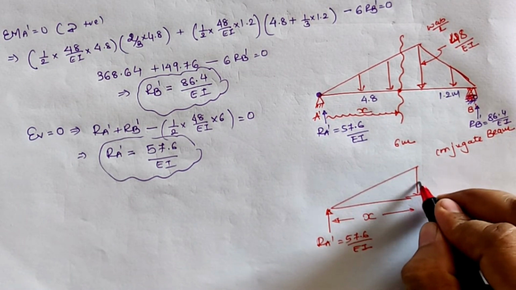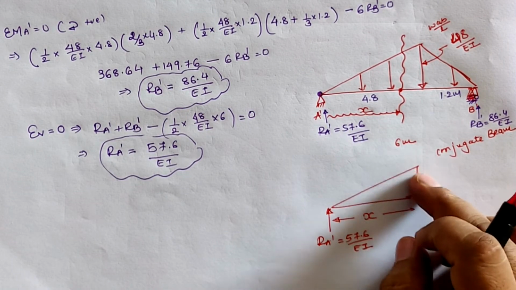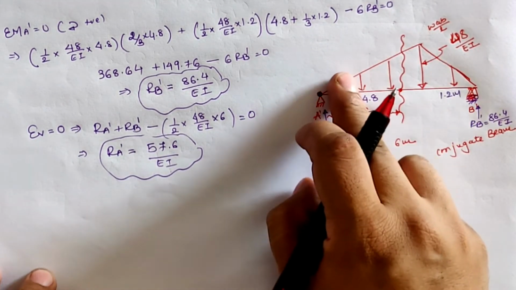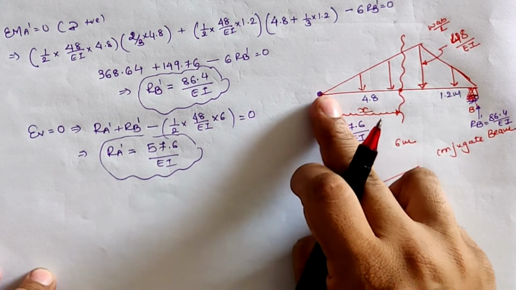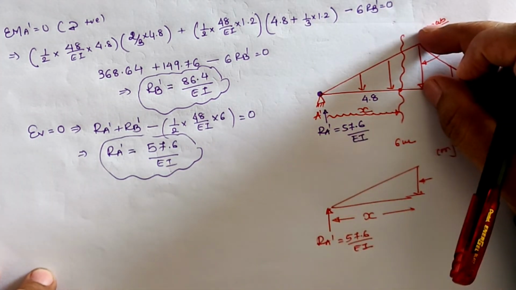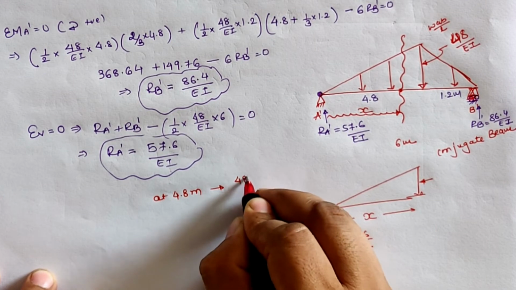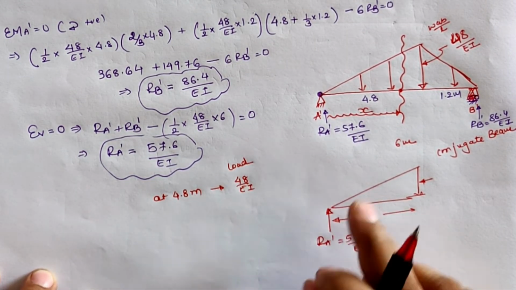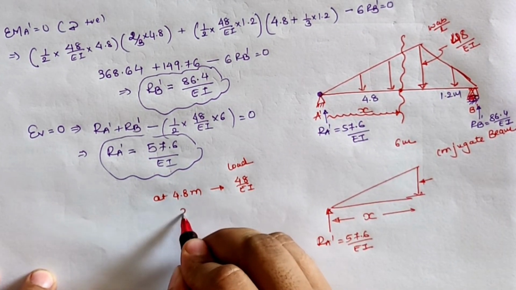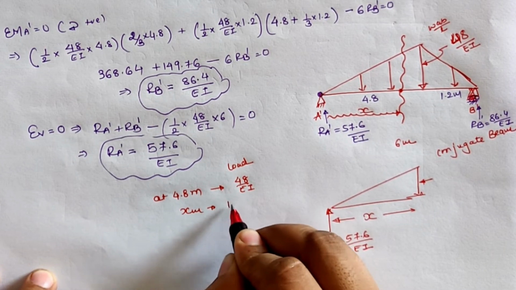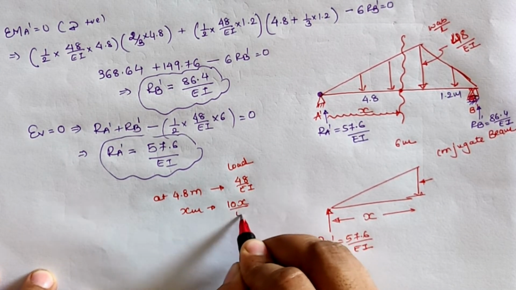Now for this rate of loading of the UVL, if we take the similar triangle rule, then at 4.8 meter the total loading is 48 by EI, then at distance x our loading is 10x by EI.